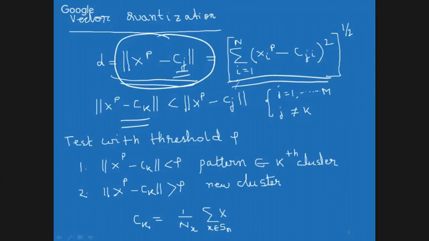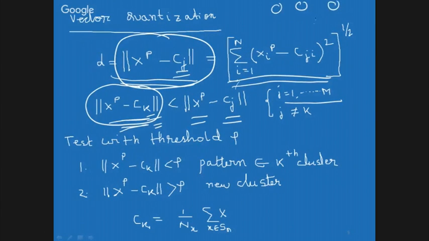So this is the formula: we have to find out the k where the norm of xp minus ck, that is the Euclidean distance of x from cluster k, is less than the norm of xp minus cj, for any other cluster. For example, say there are three clusters, and this is my input x, and these are my c1, c2, and c3.